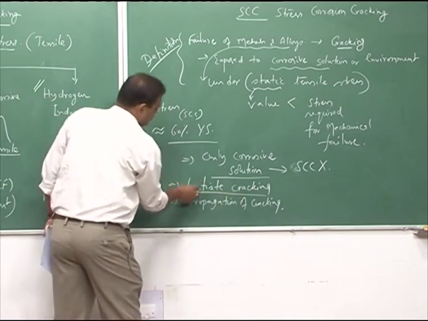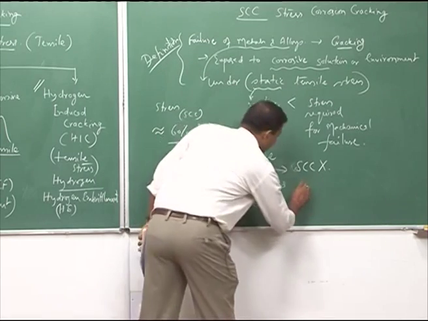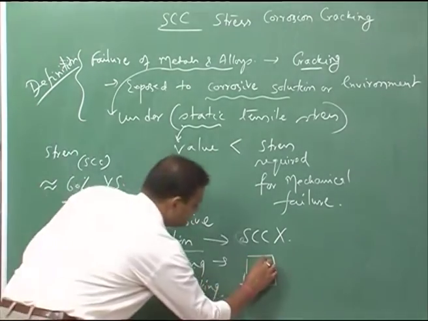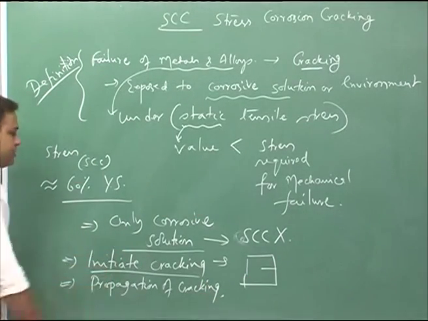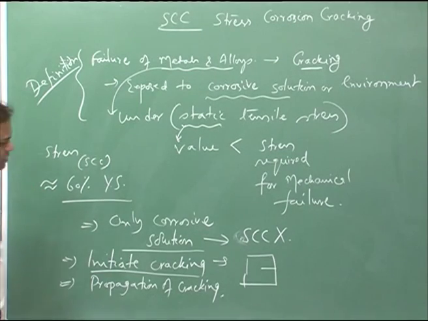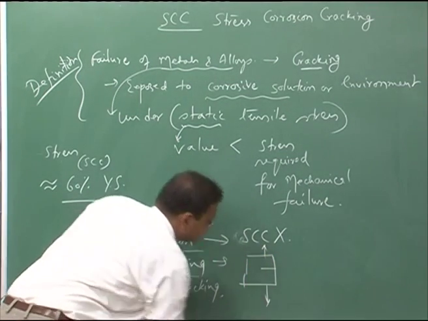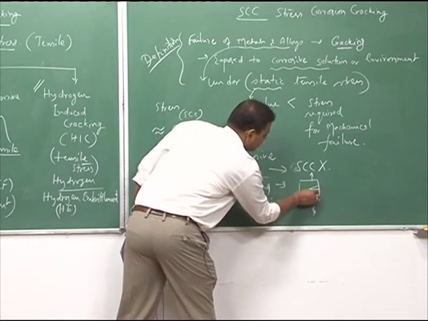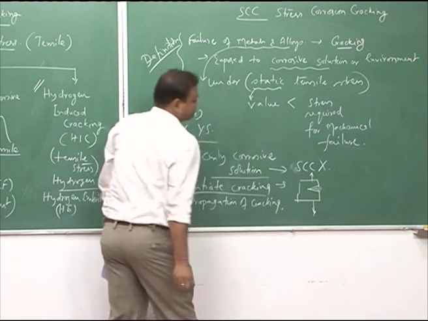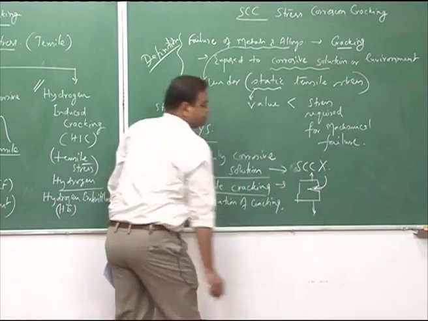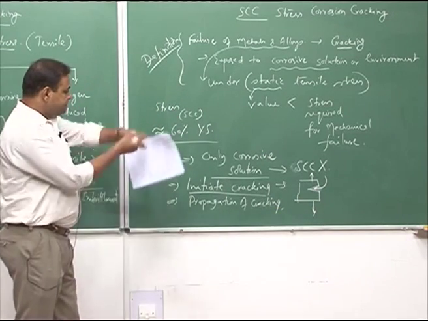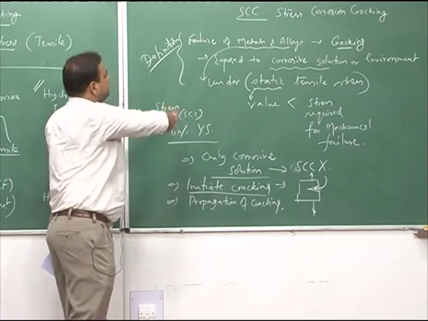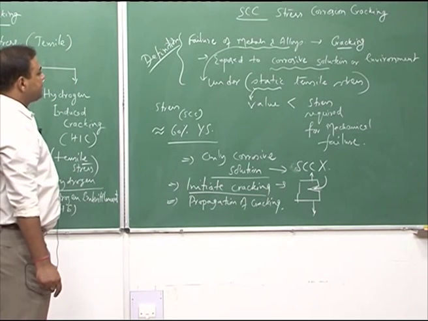Let us say you have a metal surface where I have a crack formation. This crack formation is due to the corrosion effect or local dissolution, and at that time the tensile stress is active and would try to open up this crack. Once the crack opens up, the solution can further get in. So, that means it is a combination action of stress as well as corrosion. This is the definition part of stress corrosion cracking.